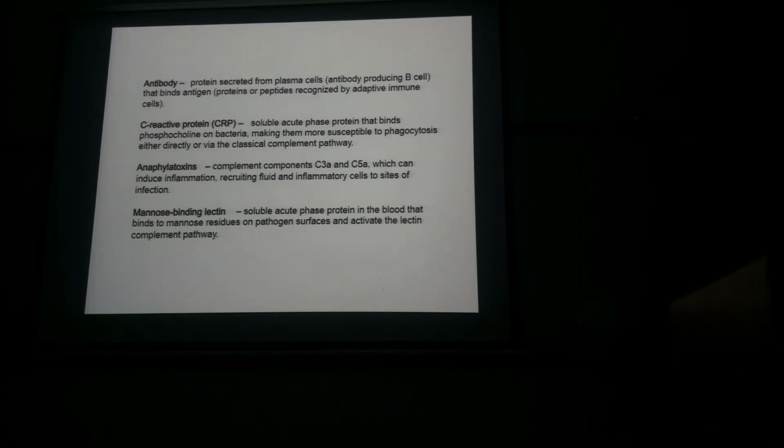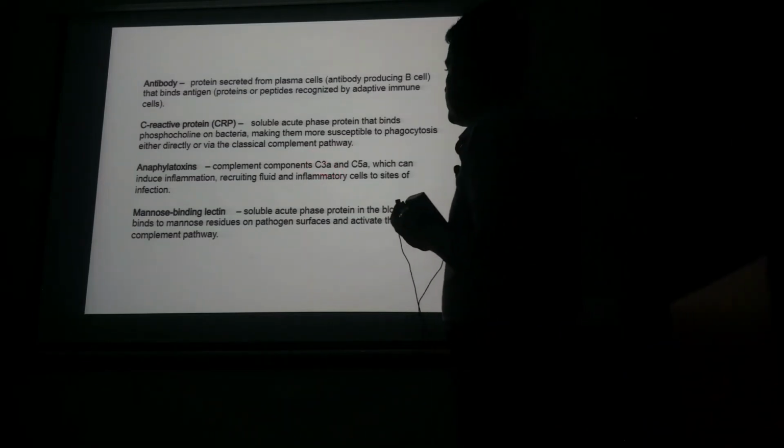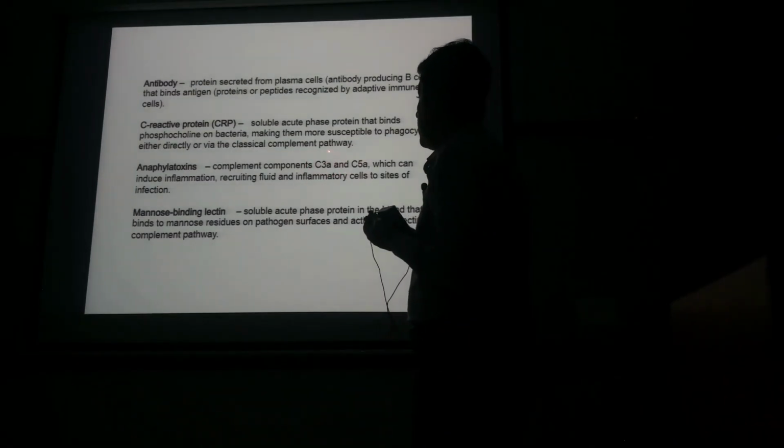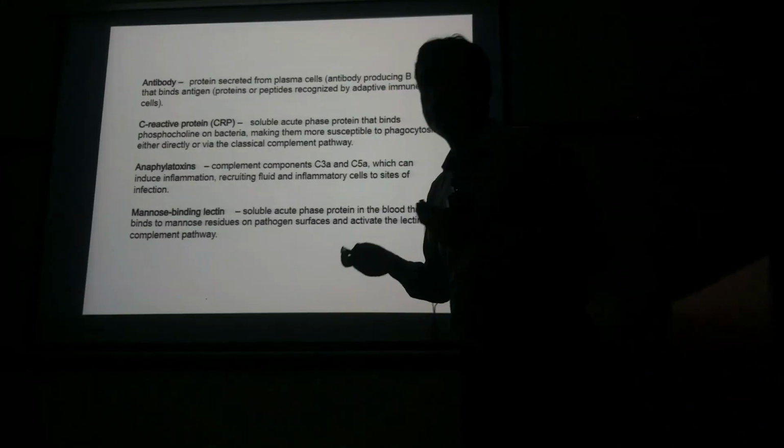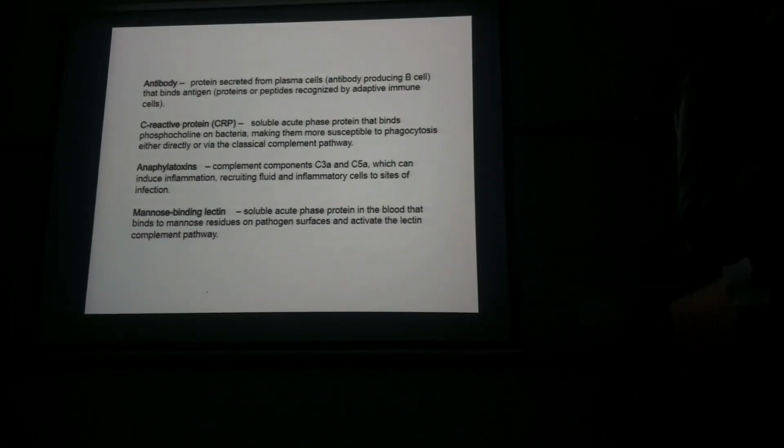They enhance the process of inflammation. They recruit more immune cells to the site of infection, and they can also cause hypersensitivity reactions. They are involved in that process as well, because there are receptors on different immune cells for C5a and C3a. For instance, the mast cells have receptors for C3a and C5a.